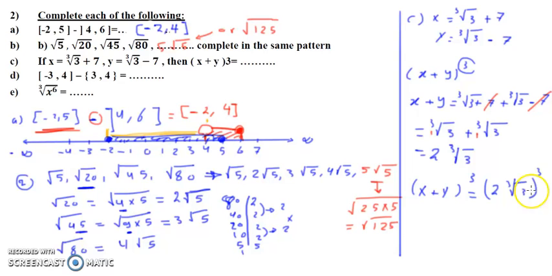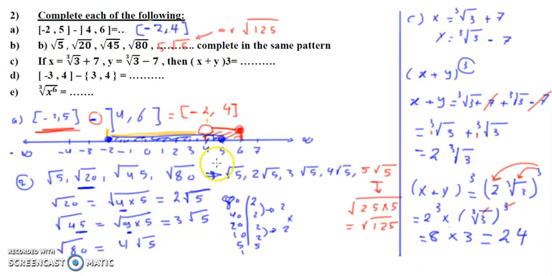Now we are going to distribute the power, you know the rule of distributing power, so it will equal 2 power 3 times cube root of 3 all power 3. 2 power 3 is 8, times, as you know, the power 3 cancels the cube root of 3, so it will be 3. So 8 times 3 equals 24.